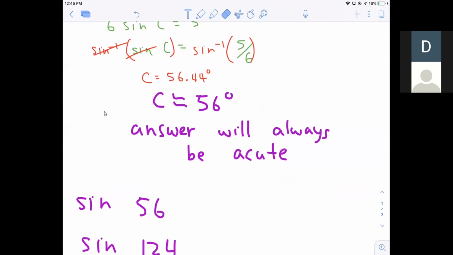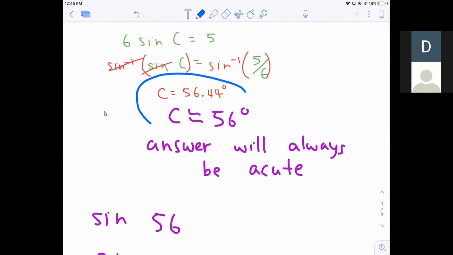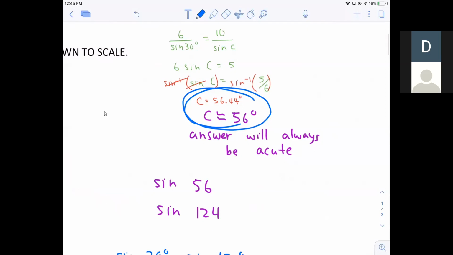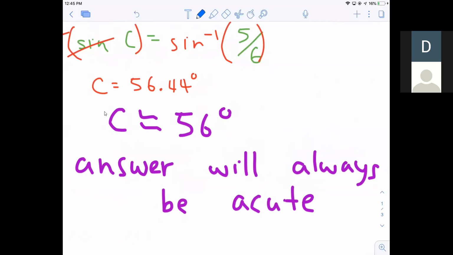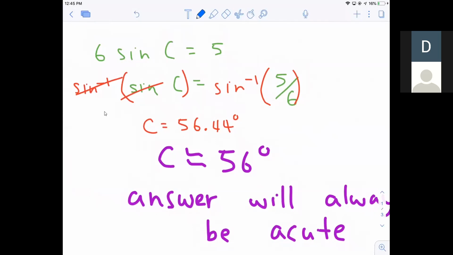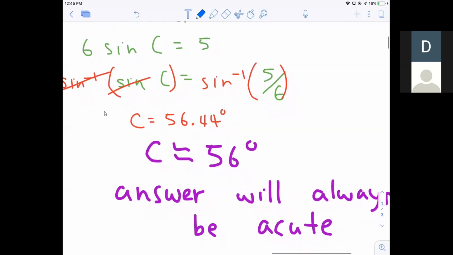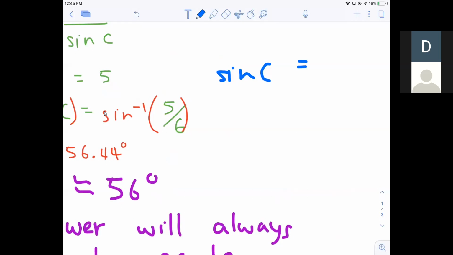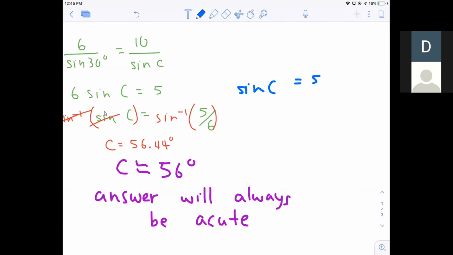What will always be acute? The answer when you do inverse sine of something will always give you an acute value. So really, there are infinitely many values of c that give us 5 over 6. So sine of c is equal to 5 over 6, which we were trying to solve.